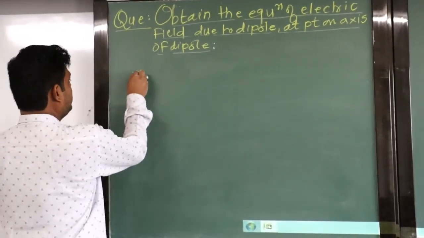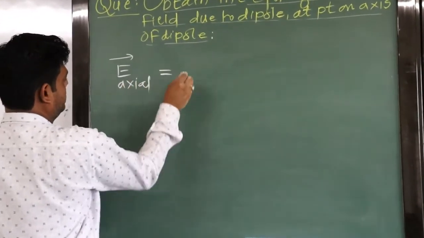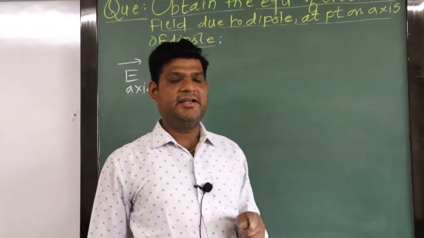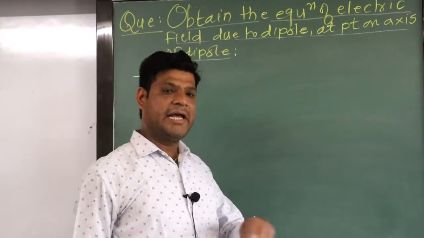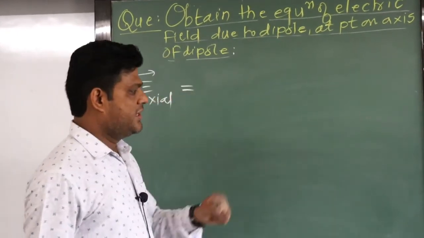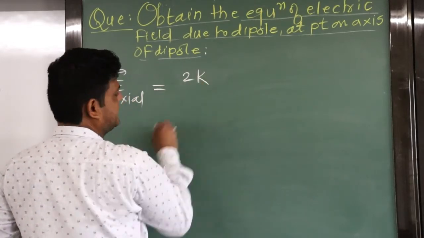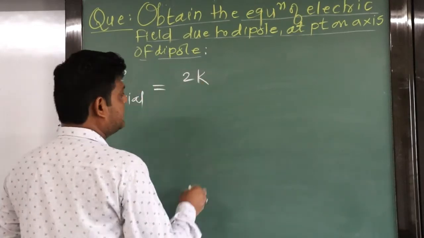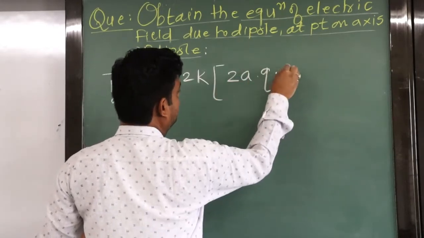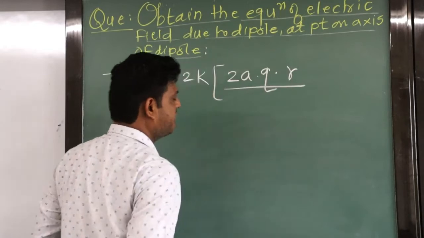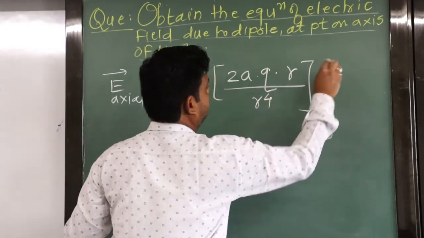So E vector axial, don't forget we are finding electric field at a point kept on the axis of the dipole. So E equal to 2, K remains as it is. We are writing this inside 2A into Q, R remains as it is divided by R raised to 4 into P cap.